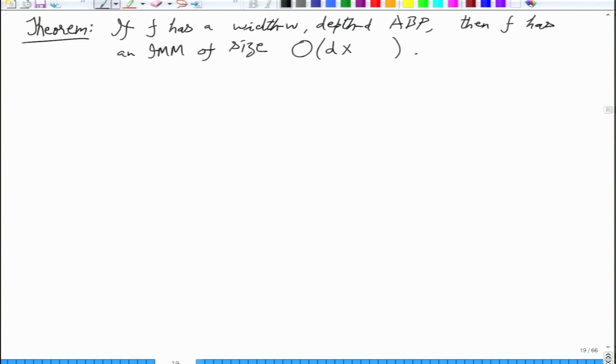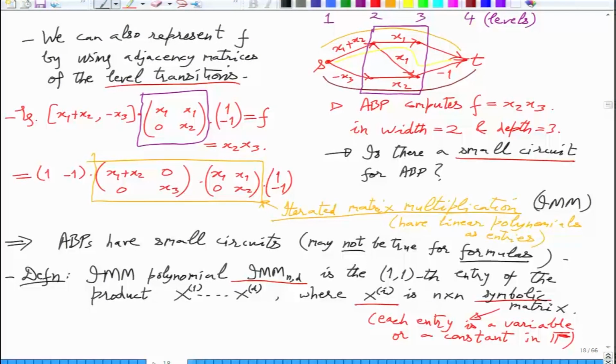So in a single matrix, what will be the, sorry? W cube. No, in a matrix there are W square entries. But remember, in IMM we have said that each entry should be a variable. It cannot be x1 plus x2. So what do you do with this x1 plus x2, for example, which was here?